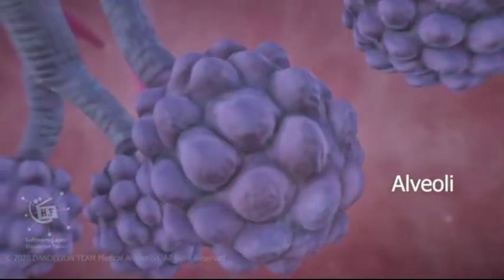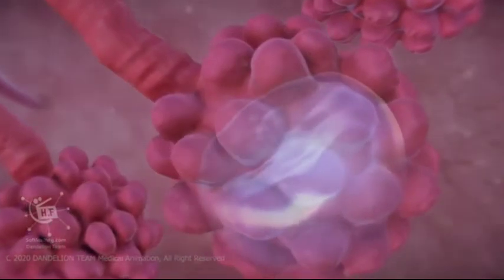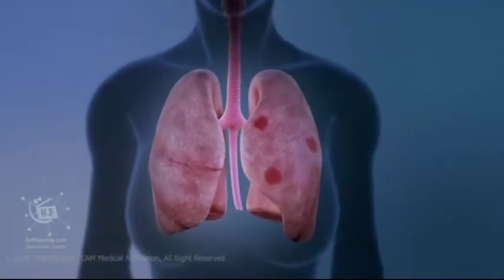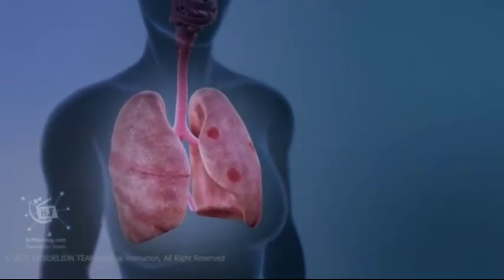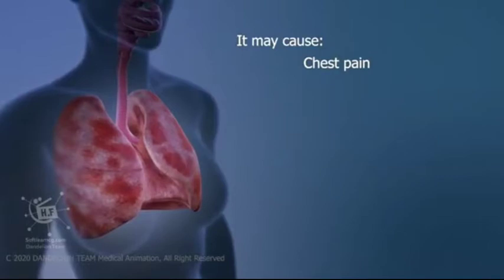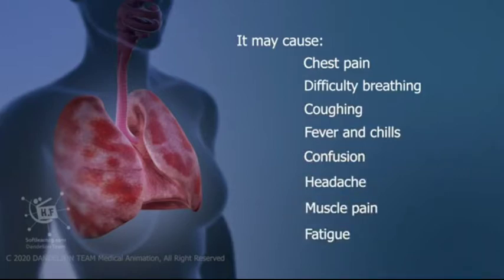This inflammation can cause your alveoli to fill with fluid, making it difficult for your body to get the oxygen it needs. It could affect one lobe of your lungs, or you could have many areas of both lungs affected. It may cause chest pain, difficulty breathing, coughing, fever, and chills, confusion, headache, muscle pain, and fatigue.